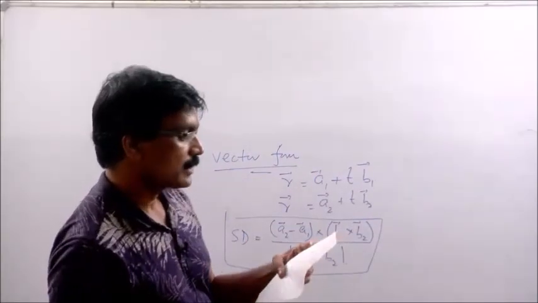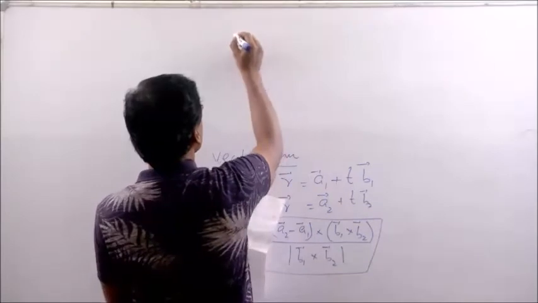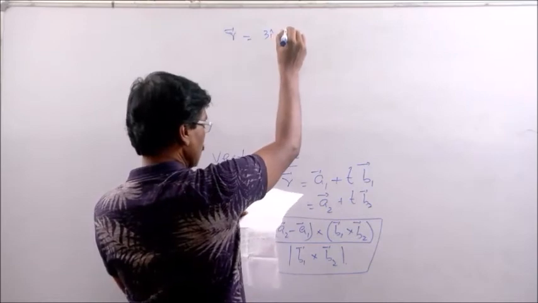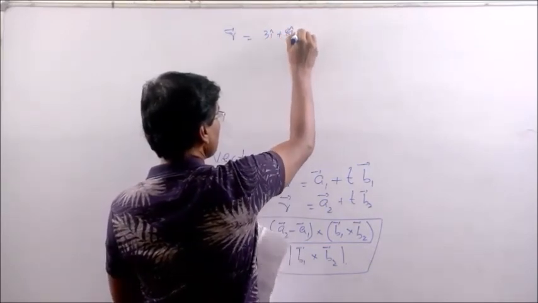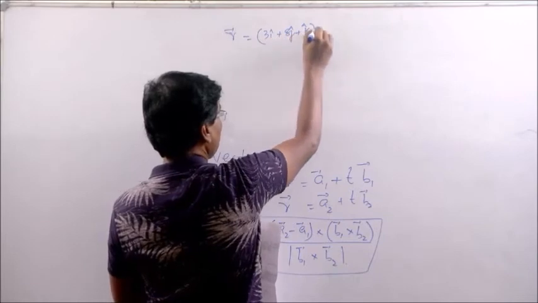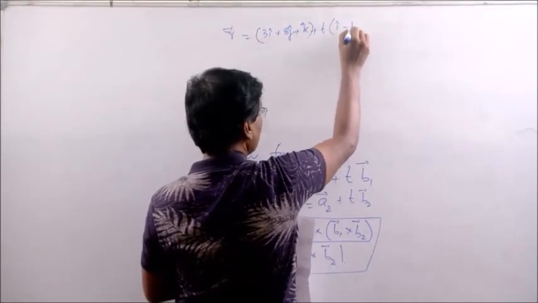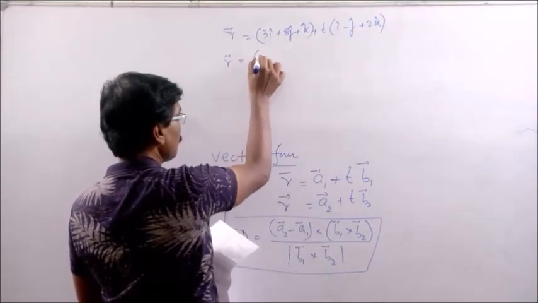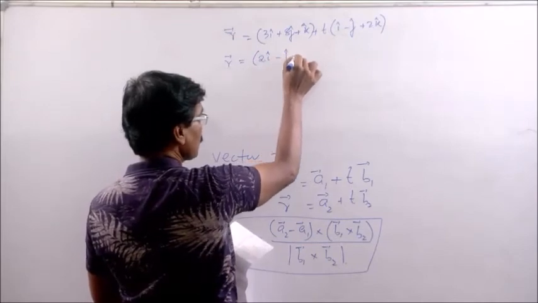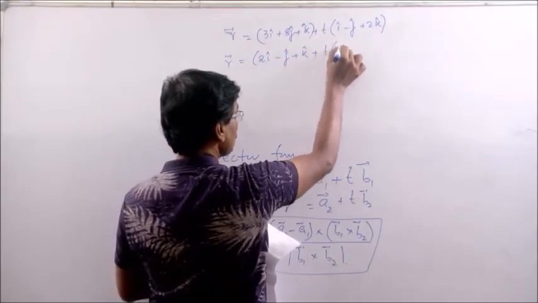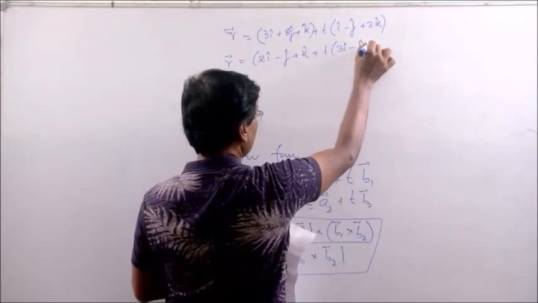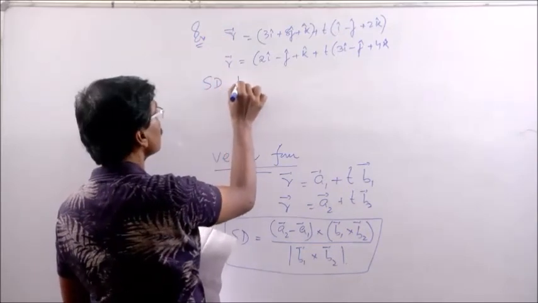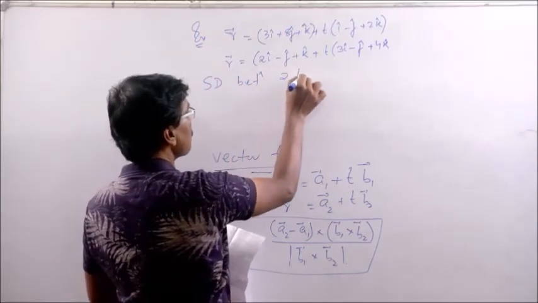Suppose r vector is equal to 3 i cap plus 8 j cap plus k cap plus t times (i cap minus j cap plus 2k cap), and r vector is equal to 2 i cap minus j cap plus k cap plus t times (3 i cap minus j cap plus 4k cap). Shortest distance between two lines.